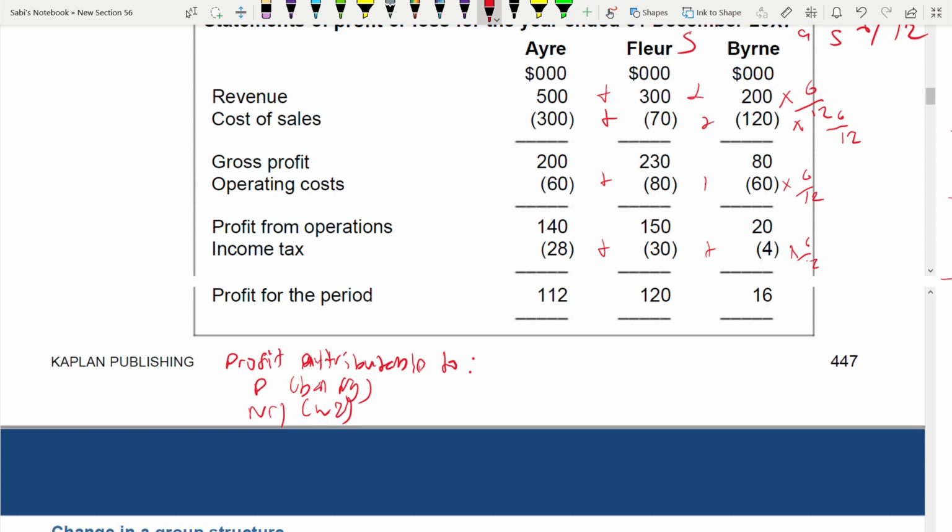Now, we need to calculate what? Profit. But before profit, okay, we have to find the investment.